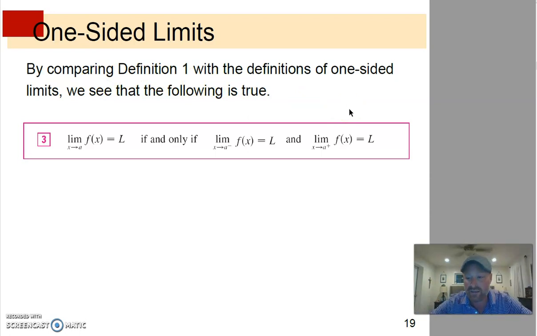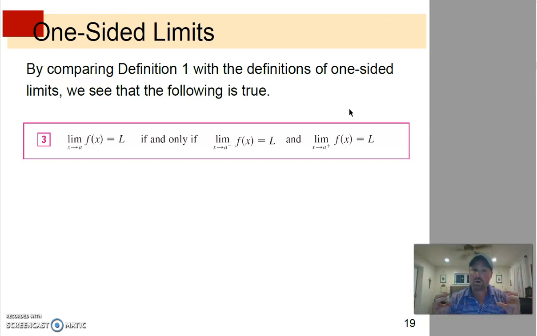But we can say that the following is true: the limit as x approaches a of f of x equals L if and only if we approach from both directions and the limit equals the same thing.